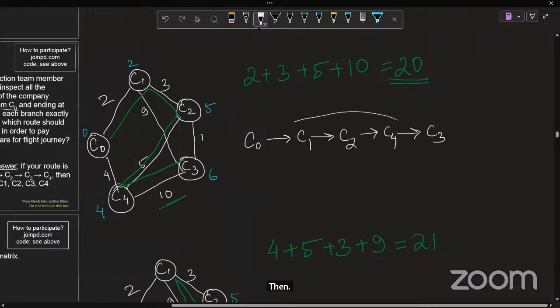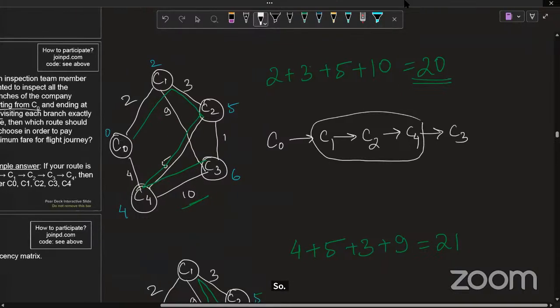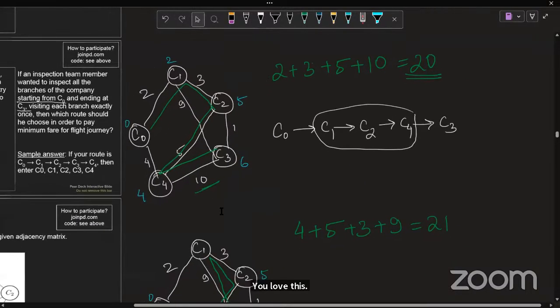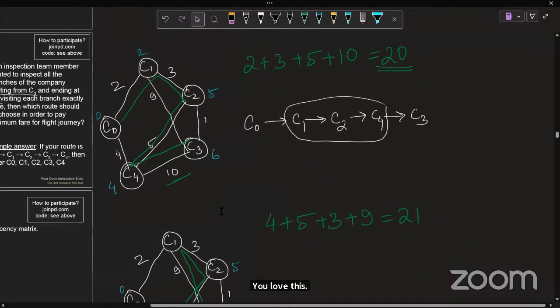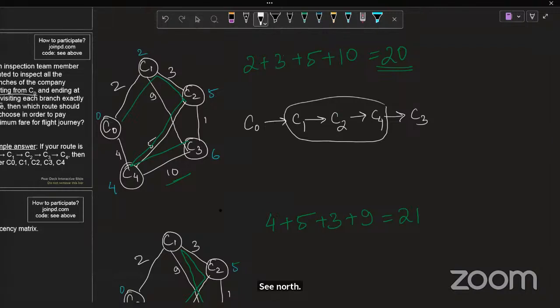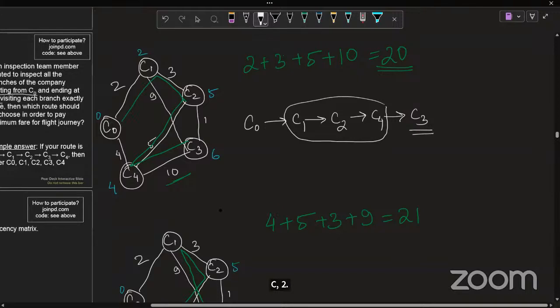Sir, the path will be C0, C1, C2, C3. We can tell, no? C3, C0, C0, C1, C2, C4, C2, C3. C3 you can't choose in the middle.